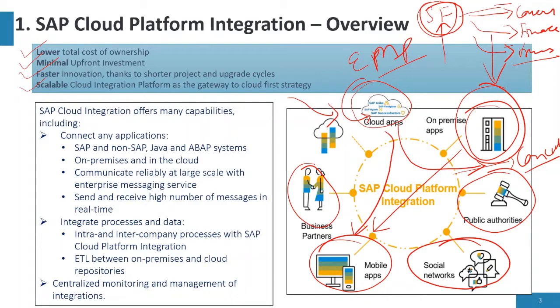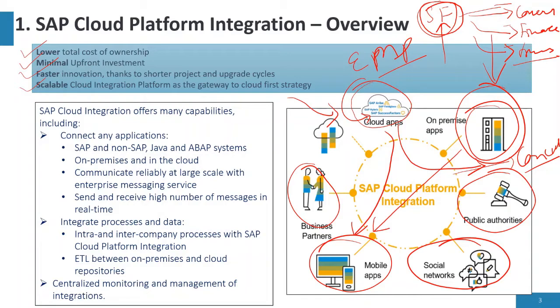First thing is total lower cost of ownership. So what exactly is this? It means that since it is in cloud, you will be able to access CPI on your browser. You don't have to install anything. You don't need your own data center. You just have to work with SAP, get the subscription, and you will be able to access CPI on your browser.